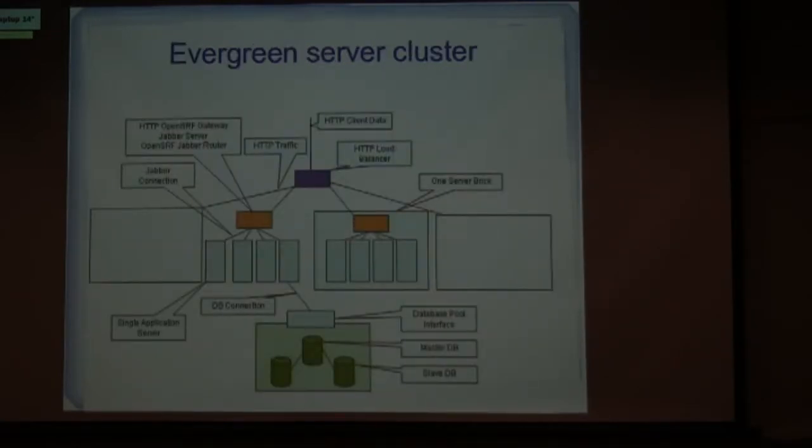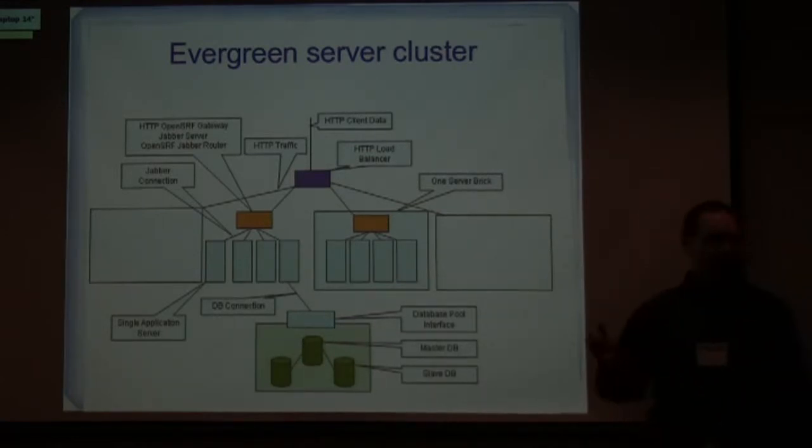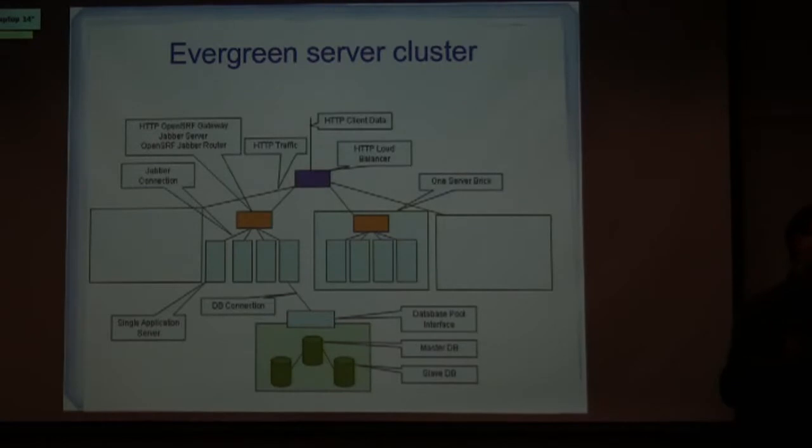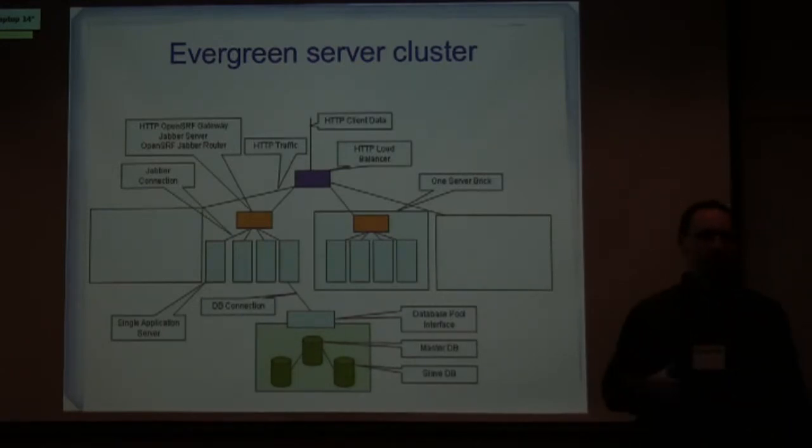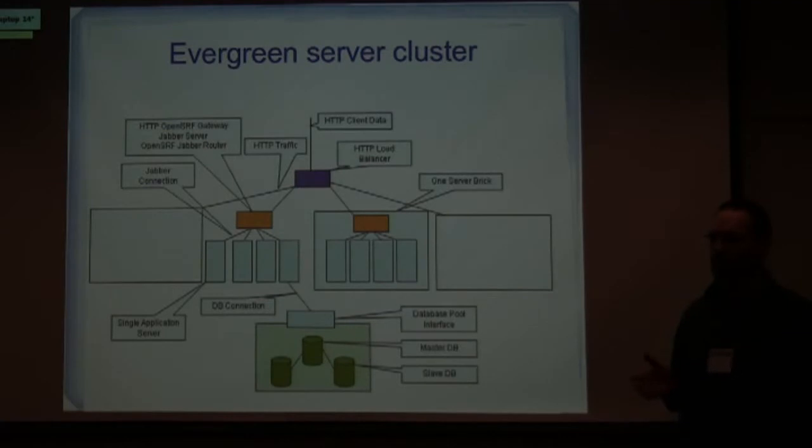One of the other canonical diagrams that people point to a lot is how an Evergreen system looks. So Evergreen, by definition, is a library system that is built on top of OpenSRF. So it's an OpenSRF application. It's really the only OpenSRF application aside from some toy examples in the base OpenSRF code at the moment.